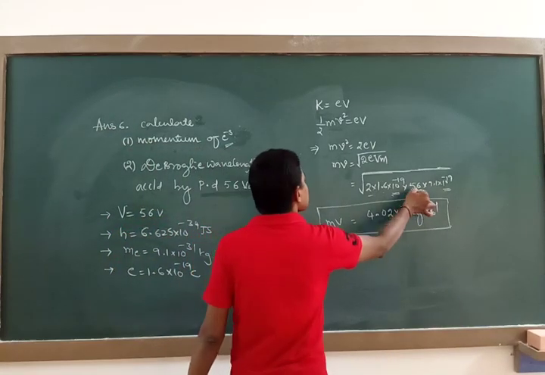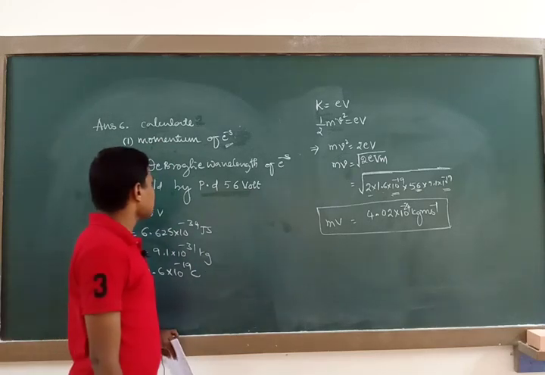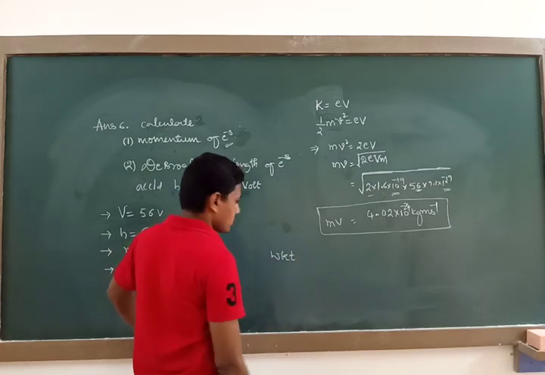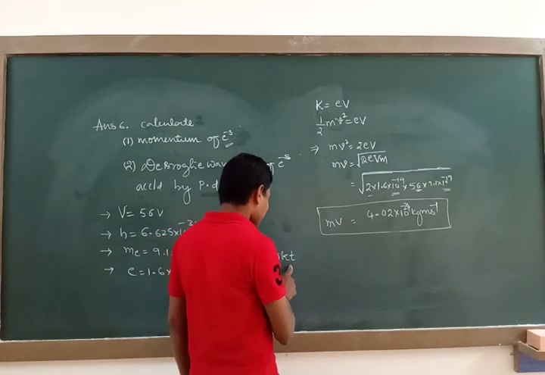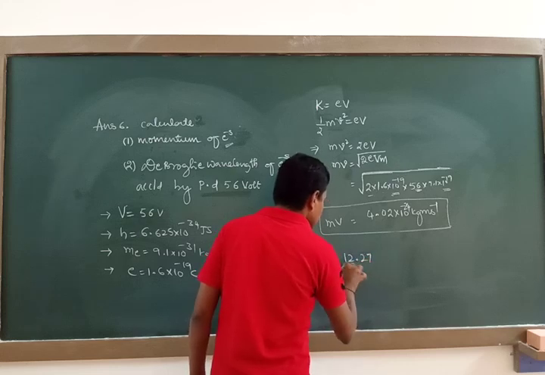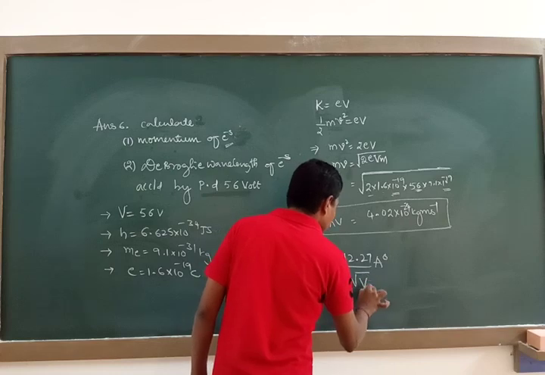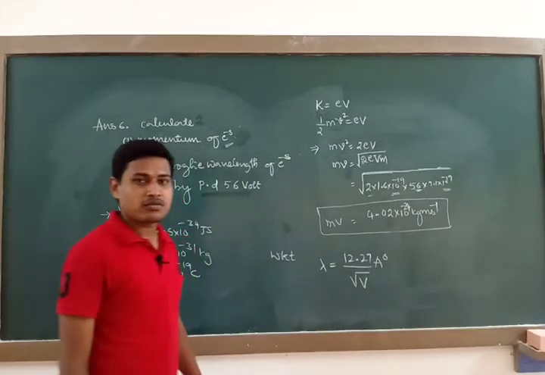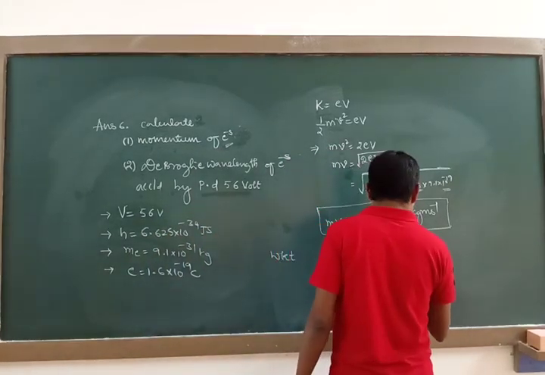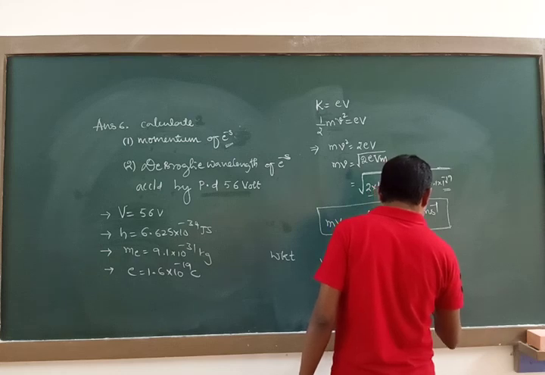Corresponding to this 56 volt, what should be the wavelength associated with the electron? We know that de Broglie wavelength is given by, very simple, 12.27 divided by root V. What is V? Not velocity, accelerating potential. So therefore 12.27 by root 56.